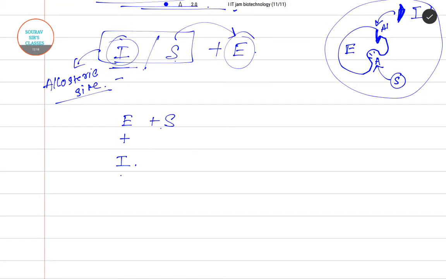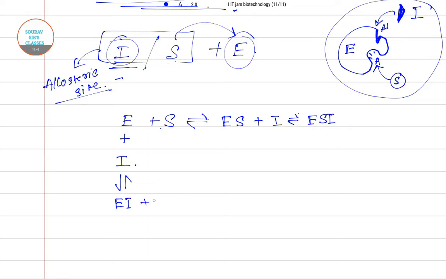So they are forming EI, and also they are forming ES, and then there is binding of the inhibitor I that will form ESI.